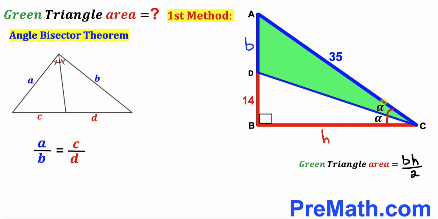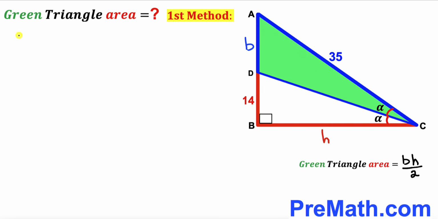We can see these two angles are congruent. So we can write the ratio of these two sides, 35 and h, is going to be equal to the ratio of b and 14. So 35 divided by lowercase h is equal to b divided by 14.